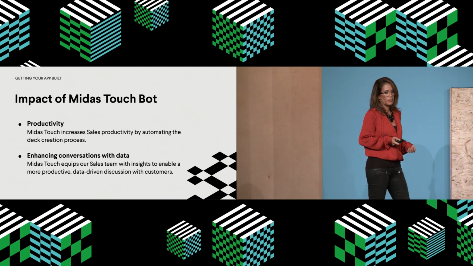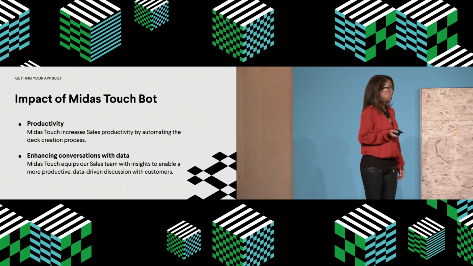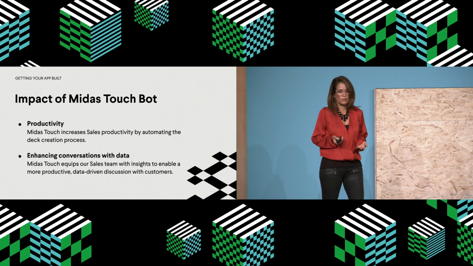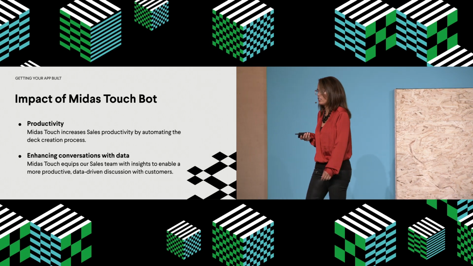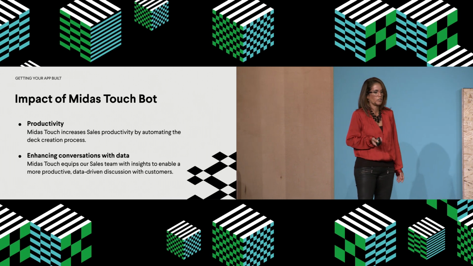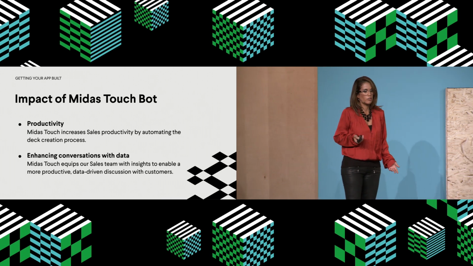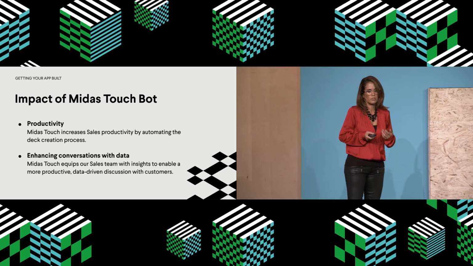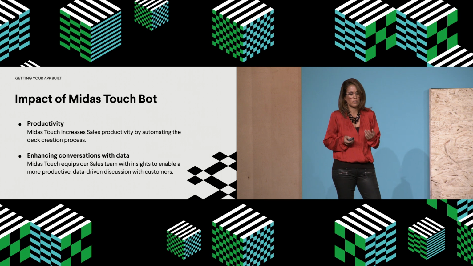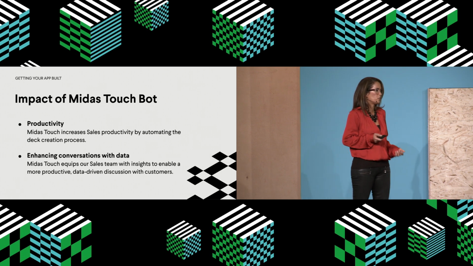Again, before we started building this app, we defined the business impact. Productivity, of course. Midas Touch would greatly reduce the time the sales team spent digging up stats to showcase how the customers use our product. Prior to Midas Touch, our account execs and customer success teams would have to dig through multiple dashboards and spend hours creating their own slides for upcoming meetings like quarterly business reviews.